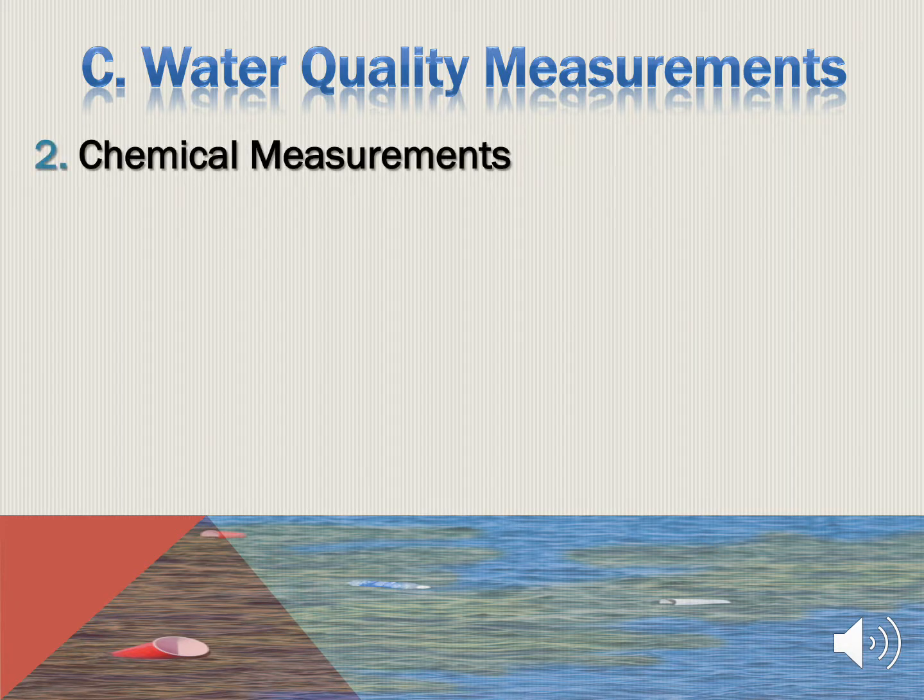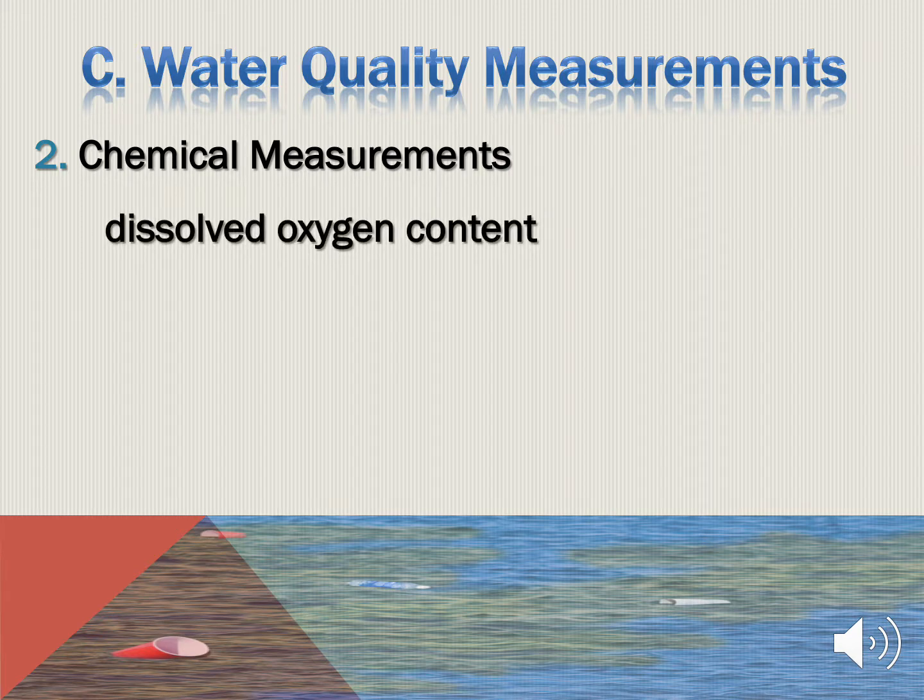And the third type of chemical measurement we can take is the dissolved oxygen content of the water. We also know it as BOD, which we refer to as biological oxygen demand or biochemical oxygen demand.